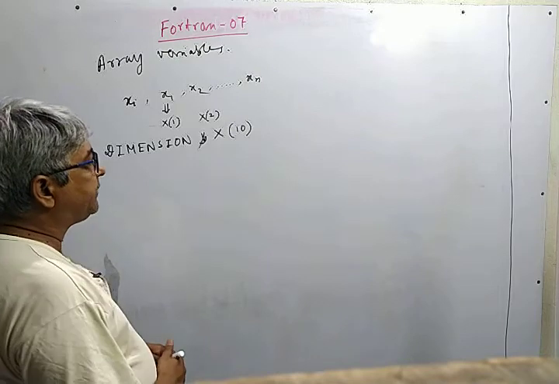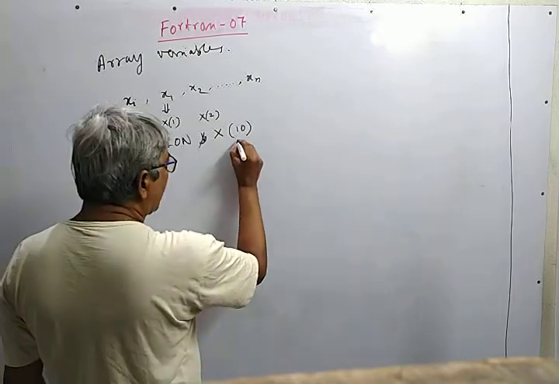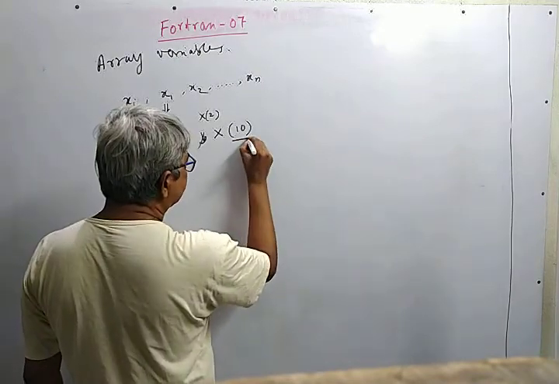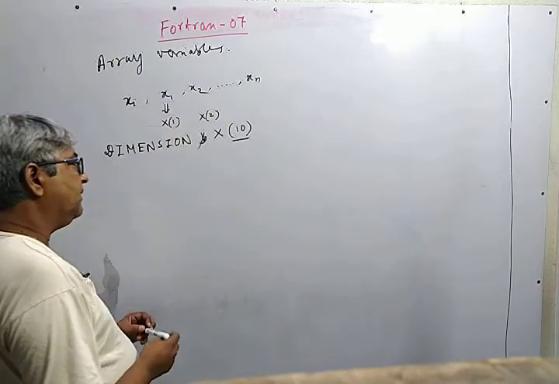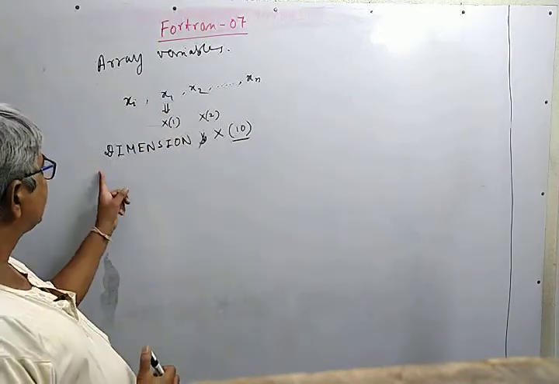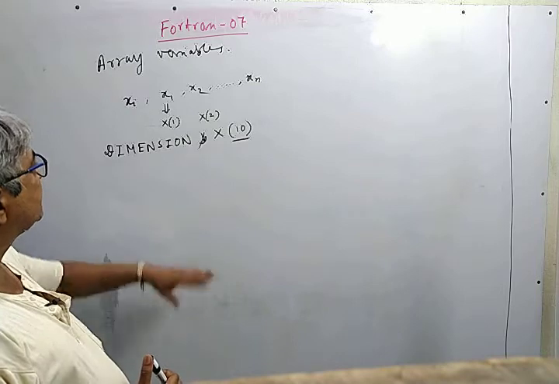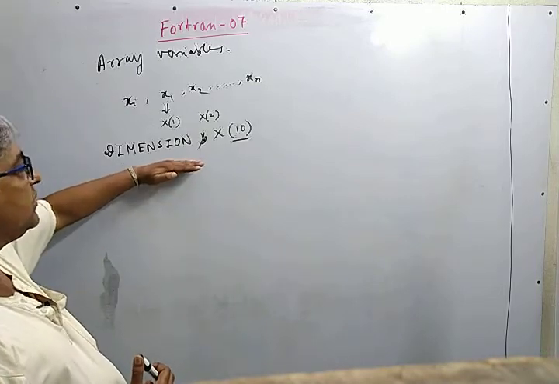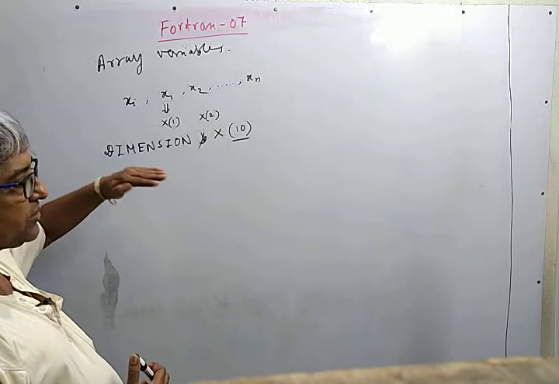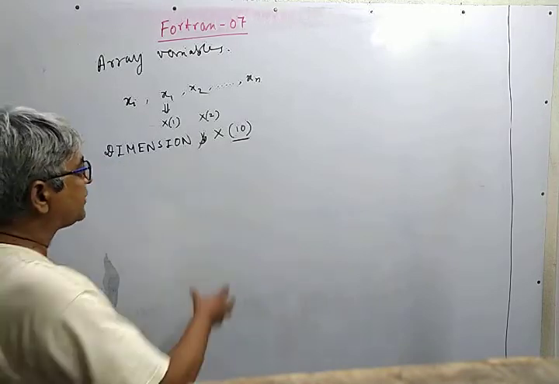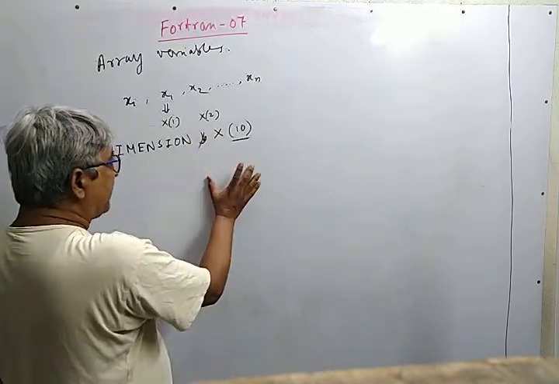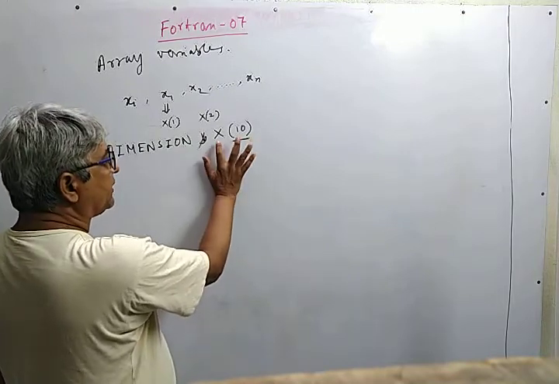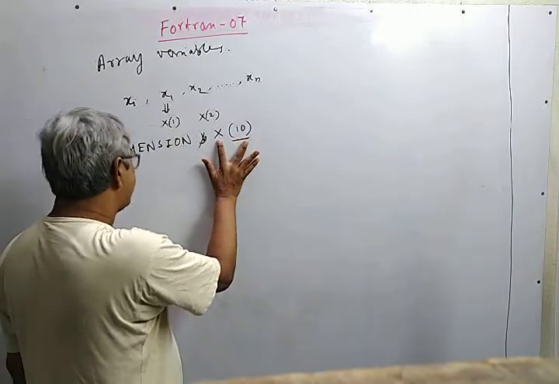One must be very careful about assigning this dimension, this space. When we write in this fashion, during the execution in RAM, 10 allocation units, 10 units of memory are allotted to the variable x, real variable x.